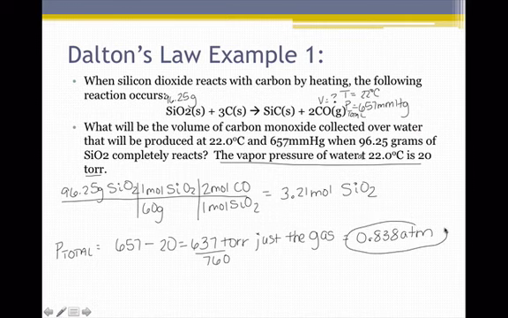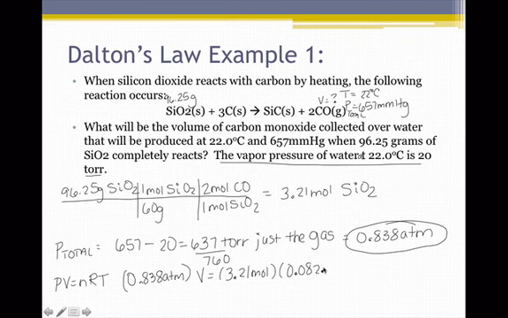So this is the pressure I'm going to plug in to PV equals nRT. So pressure is 0.838. The volume is what I'm looking for. The n is what I just solved for in stoichiometry. My R is still the same as it has been.